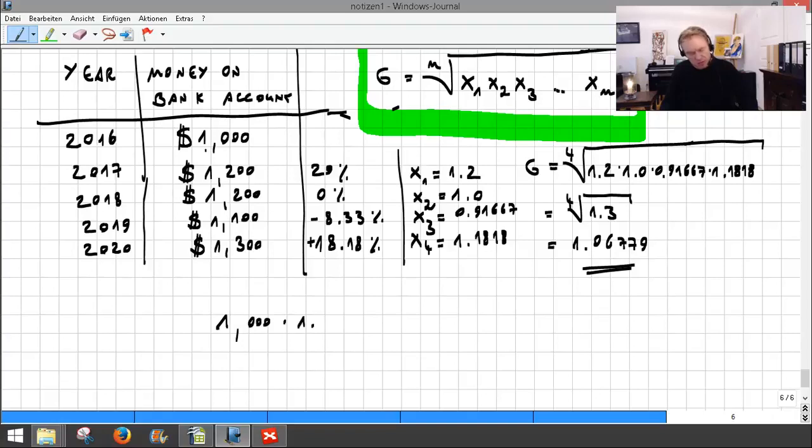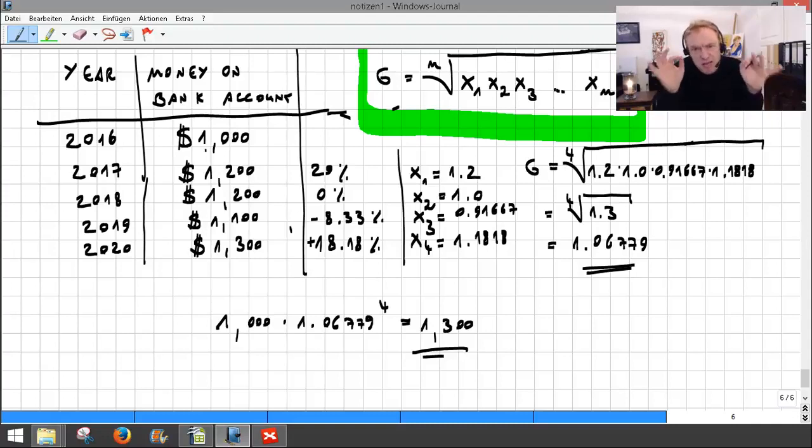We take 1.06779 to the power of 4, because it is increased or decreased 4 times in a row from 2016 to 2020. This 1.06779 to the power of 4 multiplied by 1,000 gives us the end value of $1,300, which is true.